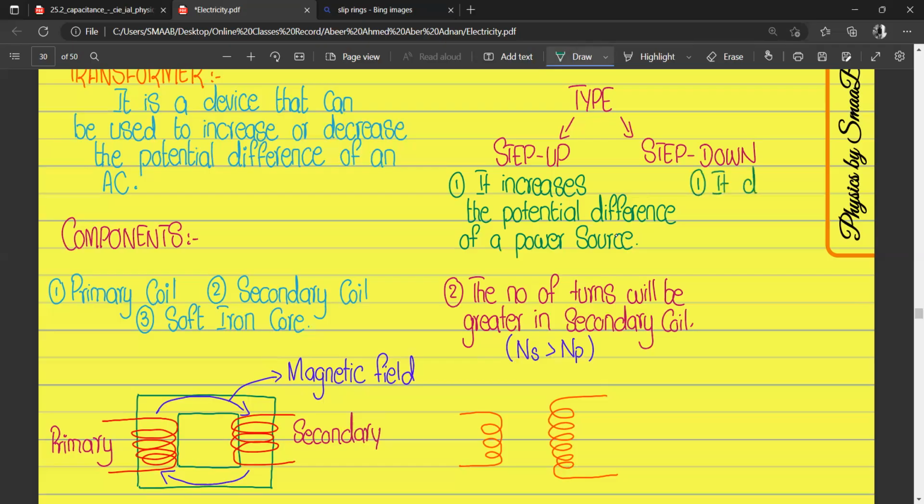So it will decrease the potential difference of power.